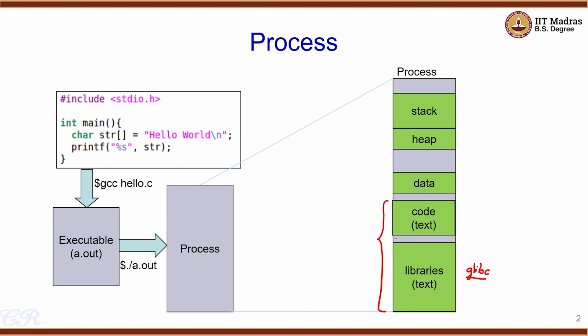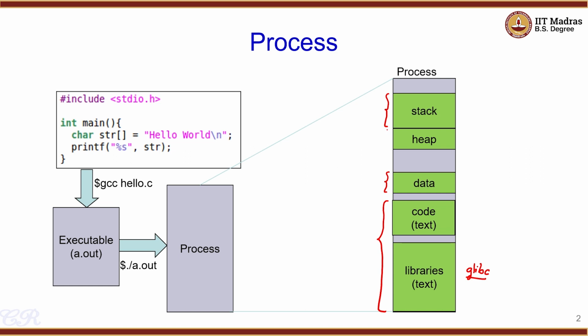Also present in the process is the data region, which comprises the global data, and a stack which grows from the higher address to a lower address and holds the local variables. It would also hold some metadata, some important parameters for the process execution, such as frame pointers and return addresses.